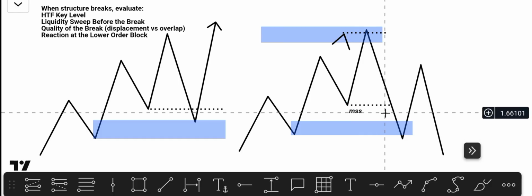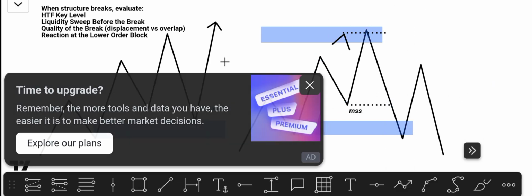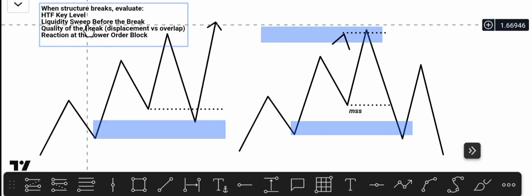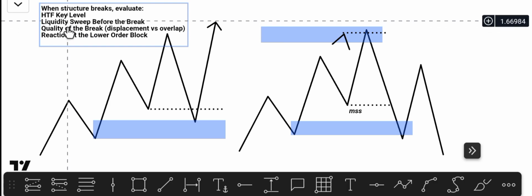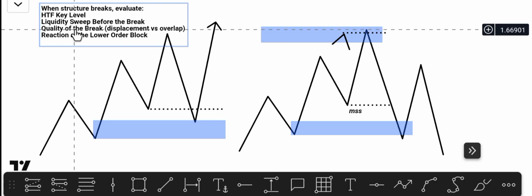So for you to evaluate this and know which one is which, you need to evaluate these four criteria, and the more boxes that tick in these criteria, the more the probability stacks up. None of this is guaranteed. I'm just giving you based on my statistics, based on backtesting results.